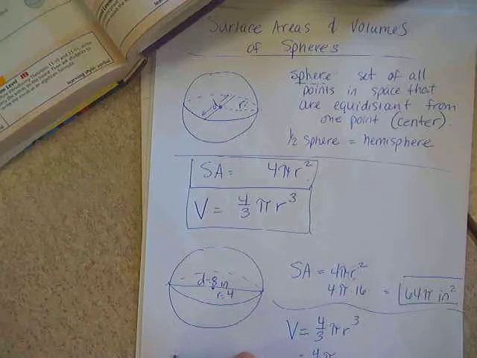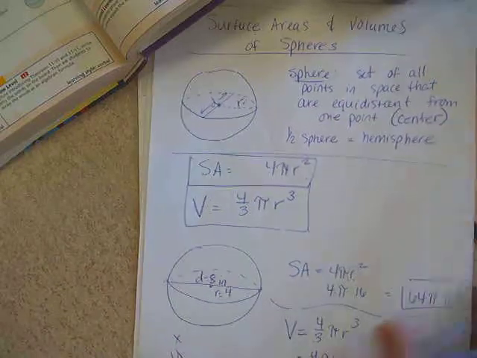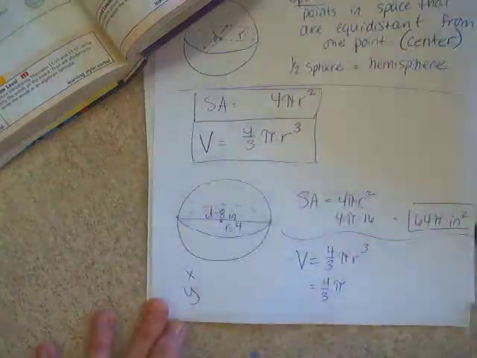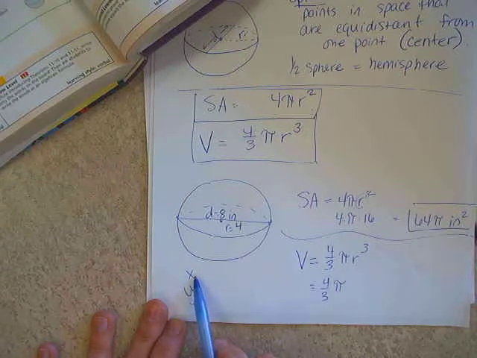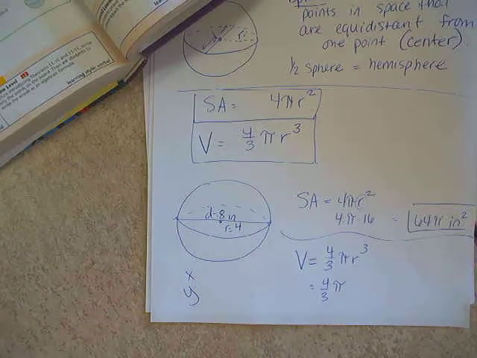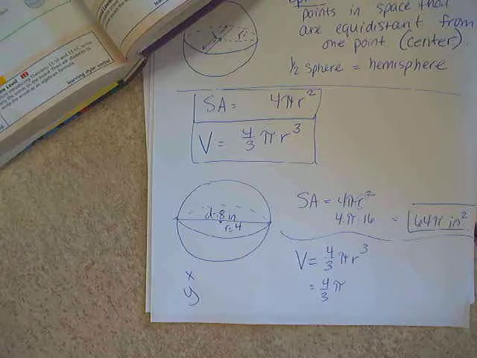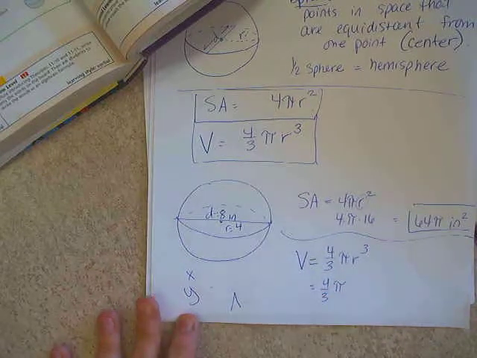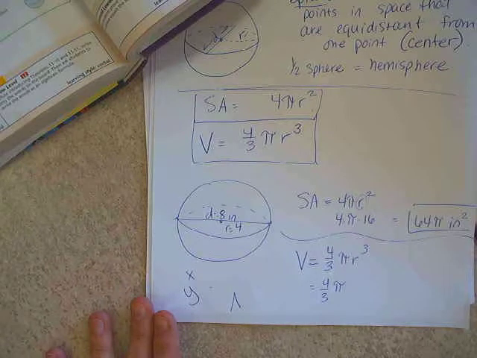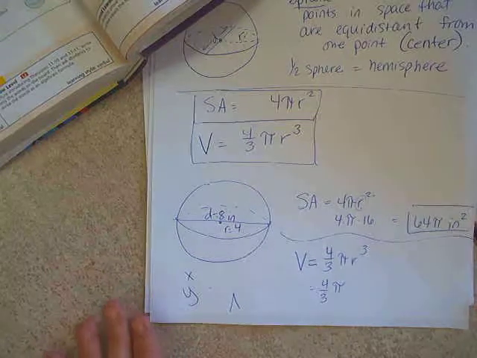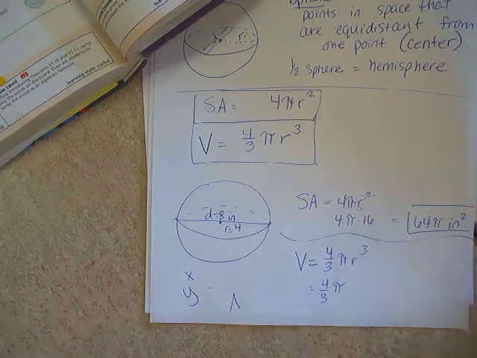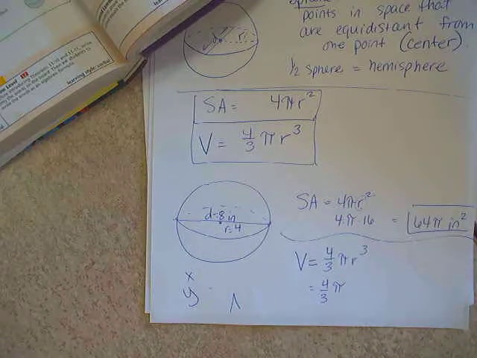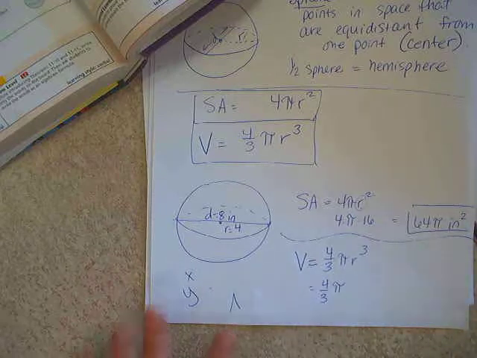But if you have an exponent key or a caret on your calculator, the exponent key is usually y to the x or x to the y. You put in the base, the exponent key, and then tell it what exponent you want. Or you might also have the caret. So you put in 4, the caret, and 3 to get 4 to the third.